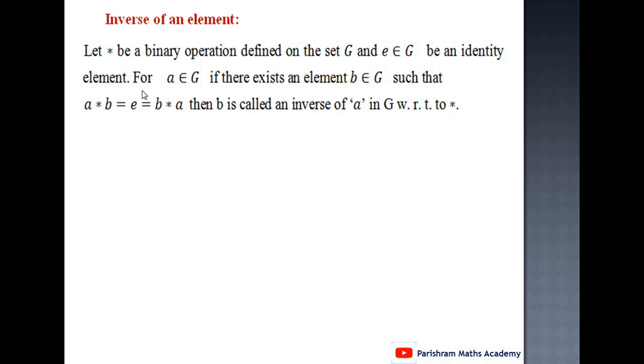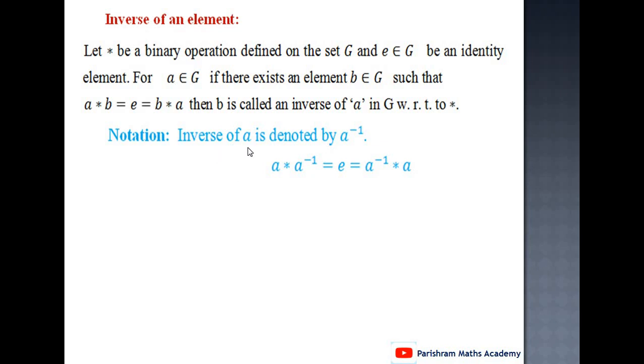That is, if there exists an element B belongs to G such that A star B equals the identity element, which is the same as B star A, then B is the inverse of A with respect to operation star.